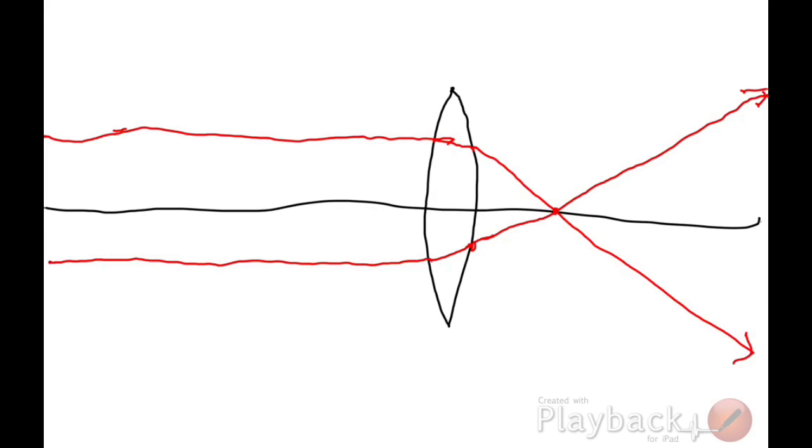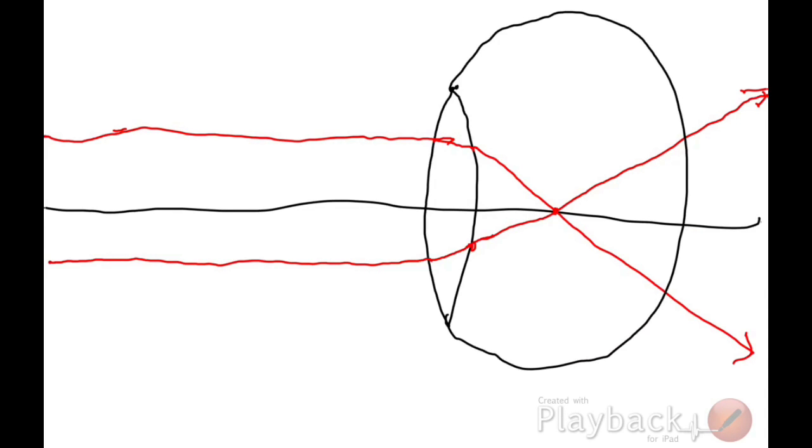Now it becomes an issue if, for example, let's say this is your eyeball, and your retina, meaning the back of your eye, is not at the focal point, meaning that whatever you're looking at is not converging on your retina, so whatever you're seeing is going to be blurry.